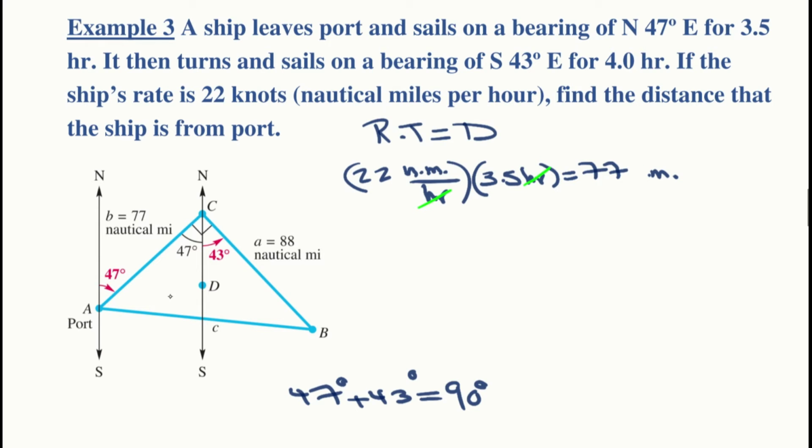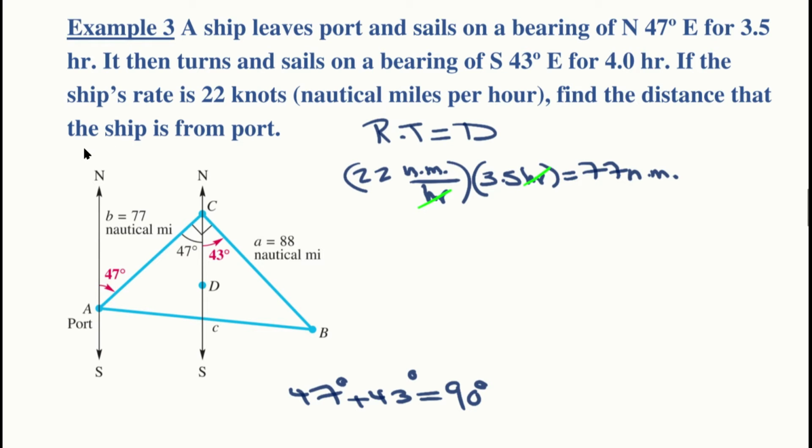All right, now we know that this piece right here, opposite side B, is where this 77 comes from. Now to understand where this 88 comes from, we need to see what's happening here. We know that this was happening for 4 hours at the same speed.